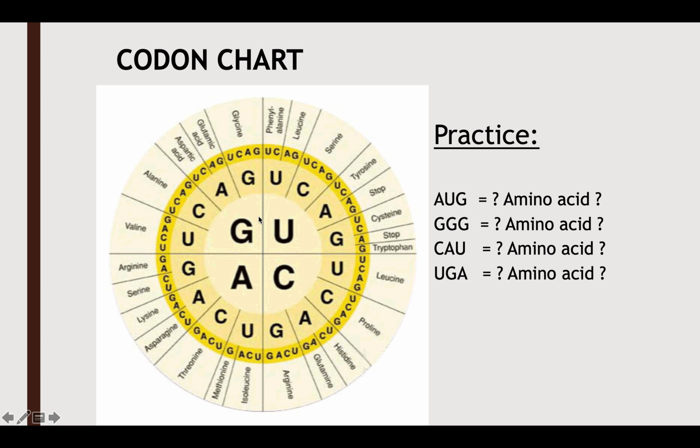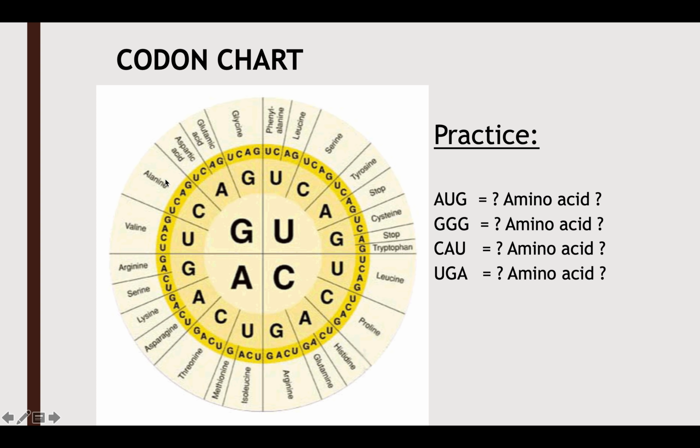So in this inner ring, you would find the first letter, G. Now, once I'm in this first letter, I have to stay in this quadrant. So from here, I look for the second letter, the C, in the second ring. And then I find the other C, and that is the code for alanine. So G to C to C is alanine.